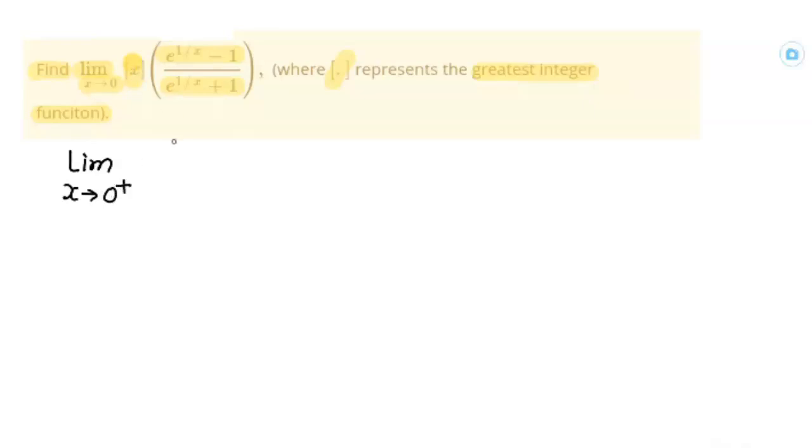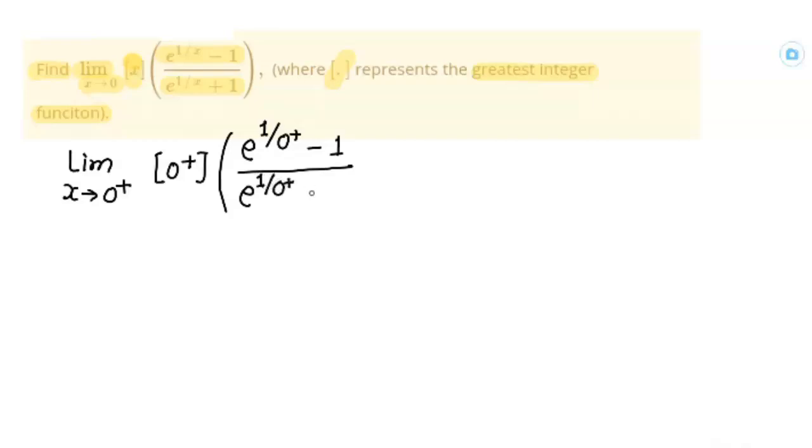So this will become greatest integer of 0 plus, times (e^(1/0+) - 1)/(e^(1/0+) + 1).